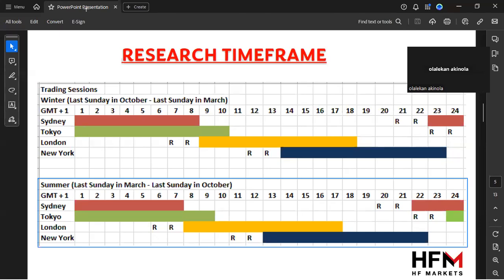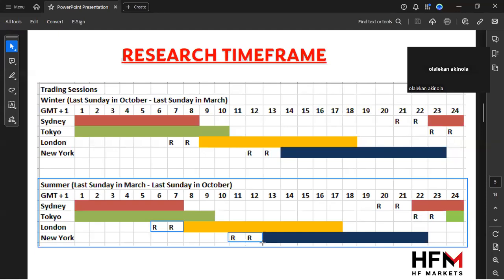So even if you cannot afford yourself at least a 2 hours research time frame before the opening of a new session, you should try to at least afford yourself an hour, which means the European session that currently opens by 8, at least by 7 a.m., you should be up already reading information, immersing yourself in information about what is currently driving the market, what is the big story, what is the big catalyst, what is that thing that the market is holding on to trading today.